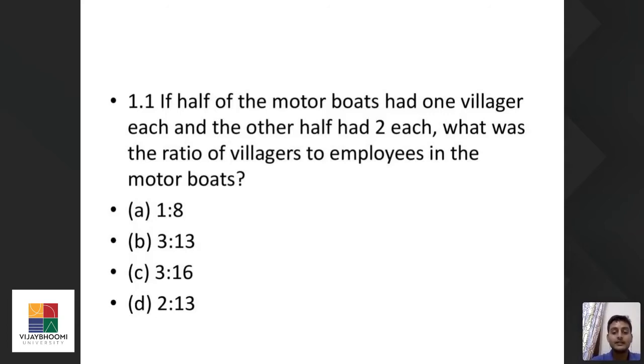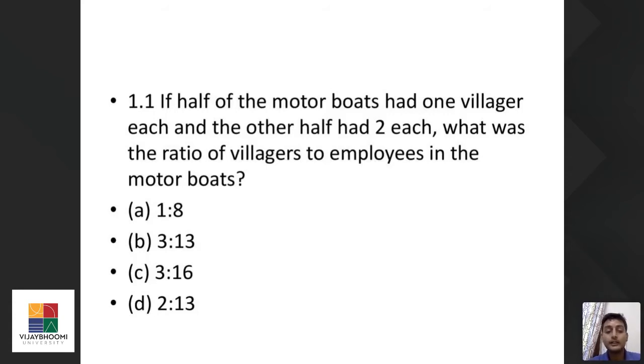What I saw from the CLAT website is that they explained it in this way. I'll tell you an easier way. You just look at the options. There's only one option in which, if you add the left hand side of the ratio to the right hand side, you will get a number that divides 64.